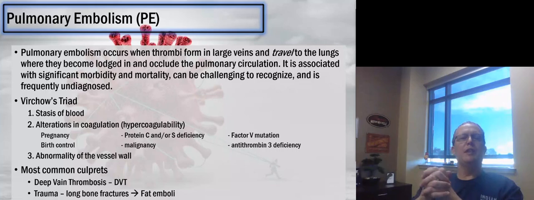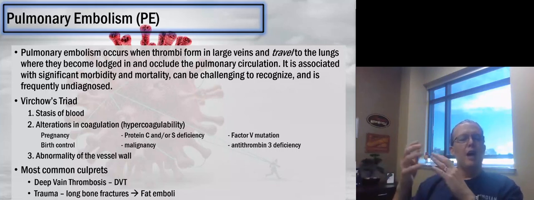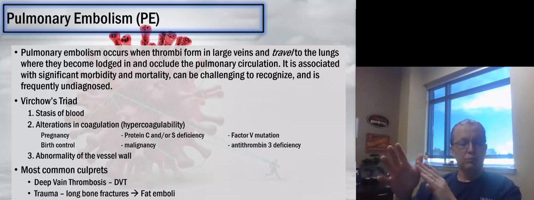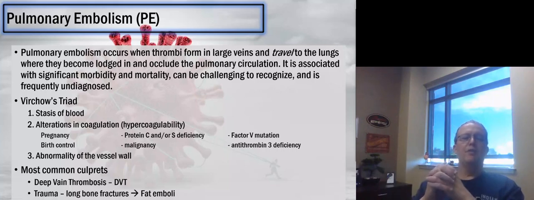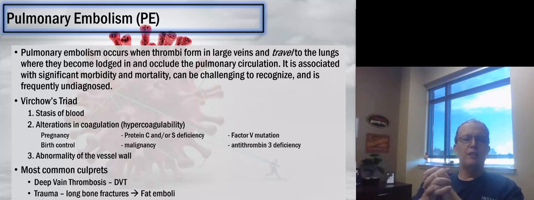The first of which is stasis of blood. Anytime blood is static, if it is not moving, it has the potential to clot. So if you think of something we do for every patient that walks in the hospital, that's venous thromboembolism prophylaxis.